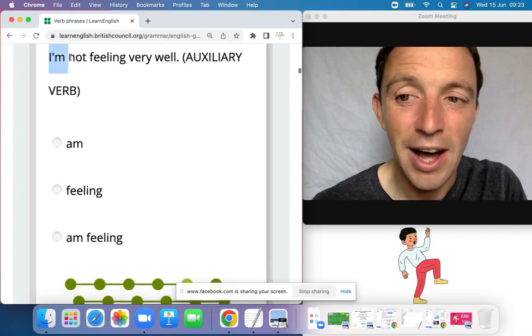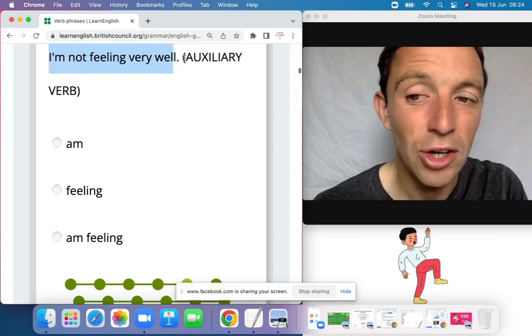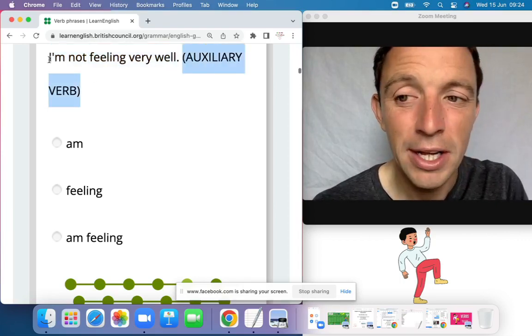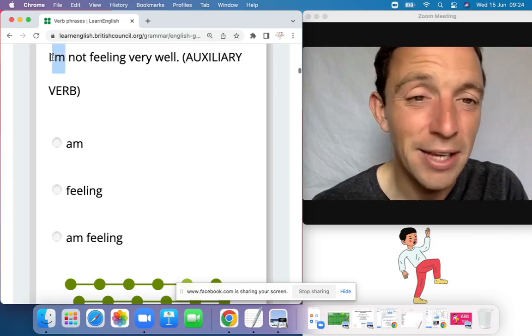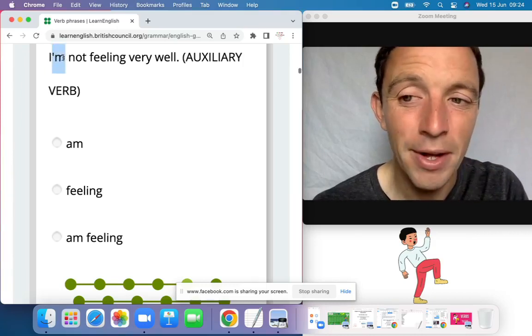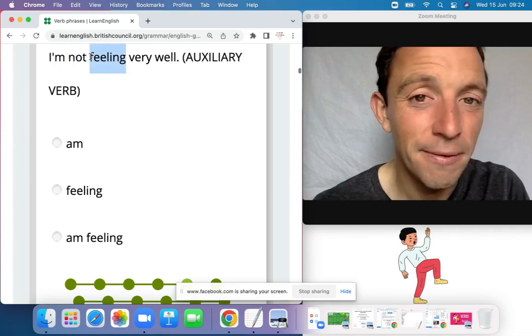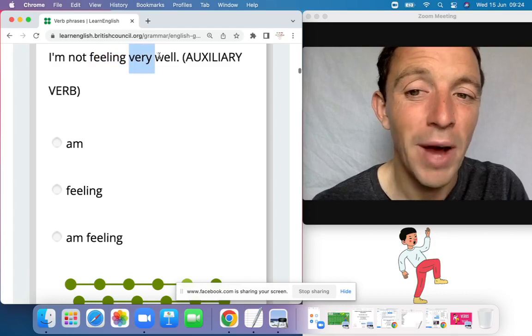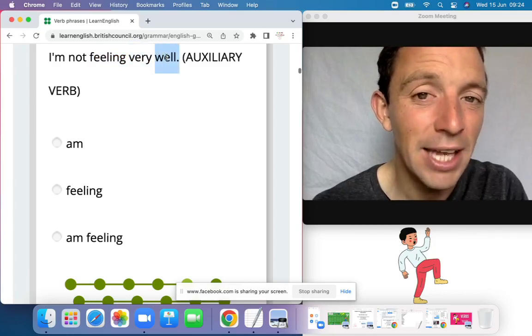Next, I am not feeling very well. This is the sentence, and we are looking for the auxiliary verb. Subject, I, subject pronoun. The verb to be in the present, I am, the negative, and the ing gerund form of the verb. Very well, well is the adverb, good is the adjective, and well is the adverb.